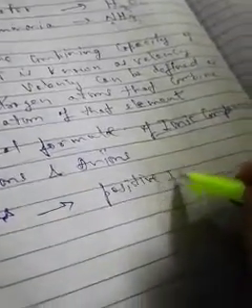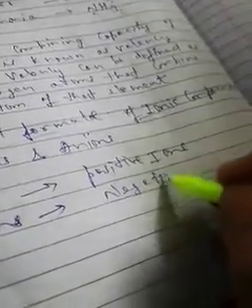Cations are the positive ions, and anions are negative ions. This is true with ionic compounds, that cations and anions are there.